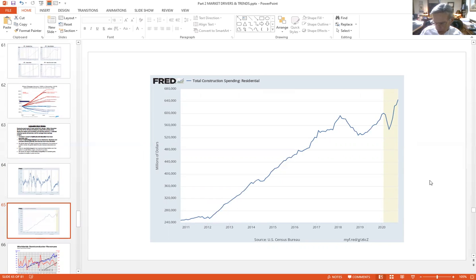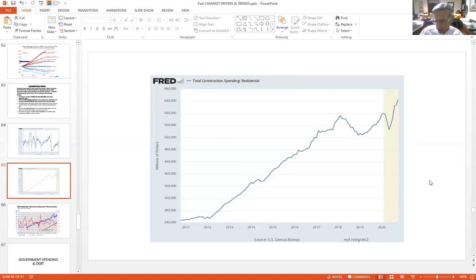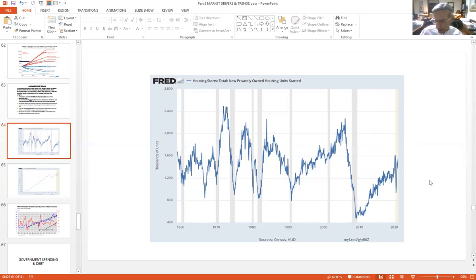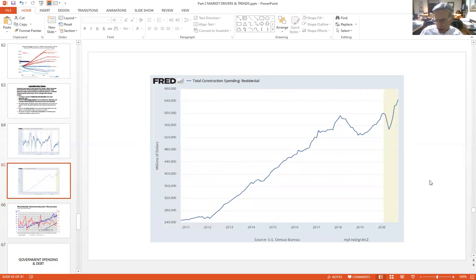So although construction may be lower than it was in the past, the pricing is probably higher simply because the total spending has gone up faster than housing starts.